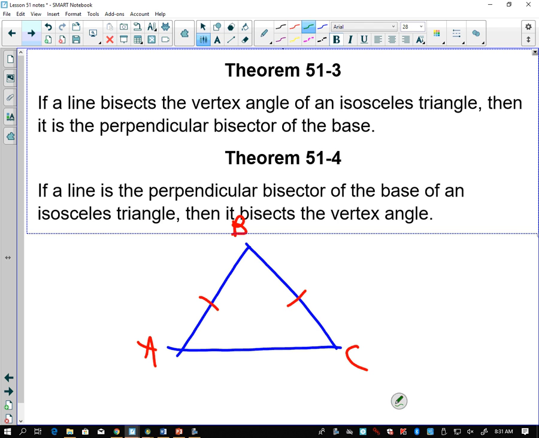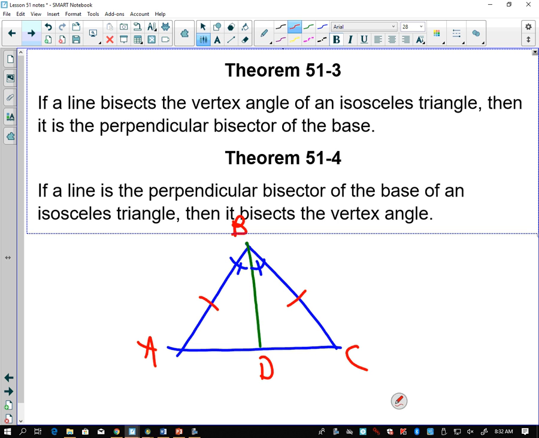So I could create a line that bisects that. Okay, so it's bisected. Then it is a perpendicular bisector of the base. So I know two things. Let's go ahead and call this D. What does the line BD do to AC?